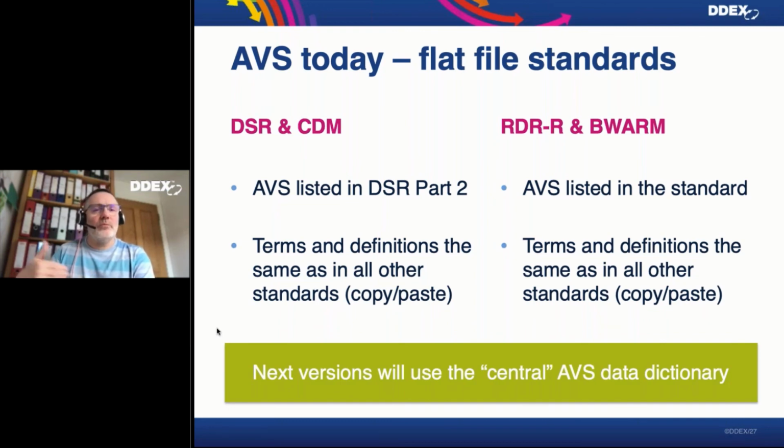Radar and BWARM will be augmented to have that when we next update those standards. That's nothing we're forcing, but as soon as their standards are updated, they will also make use of the central allowed value sets.